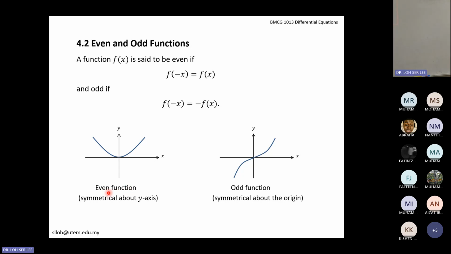If your function is symmetrical about the origin, then that is an odd function. Normally for an even function, this is very obvious; we know whether there is a reflection through the y-axis or not. But for the odd function, how do we check whether it is symmetrical about the origin?